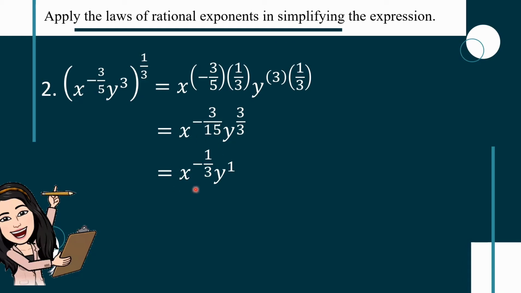Since we again have a negative exponent here, we need to put it in the denominator to make it positive. We simplified y raised to 1, which is y. So y is left on top, and to make the exponent positive, we put x in the denominator. So we have x raised to 1/3.